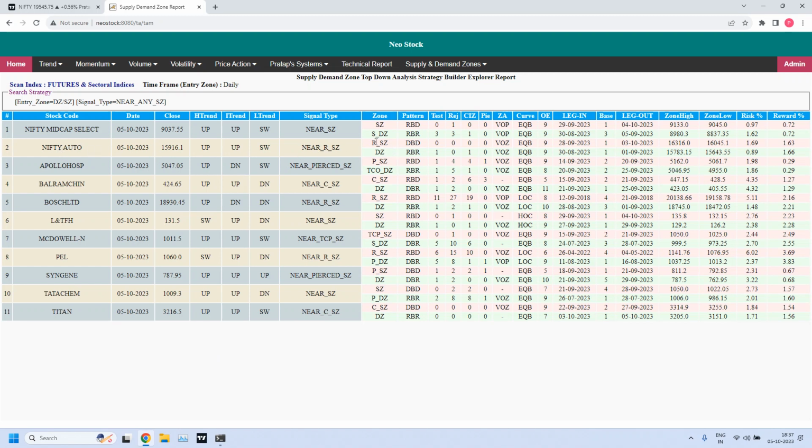Nifty auto index is a high liquidity zone. So for auto stocks, you should be very careful based on this index. You may get short opportunities in auto index stocks. If anybody trades based on the indexes, you analyze the index, then go and find the stocks related to the index. Just focus on this.